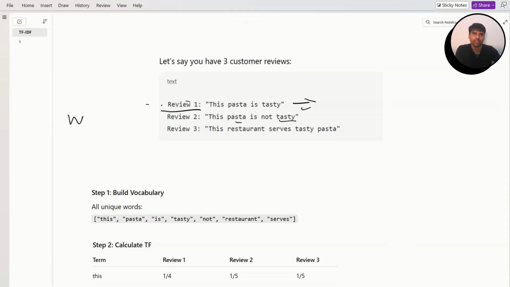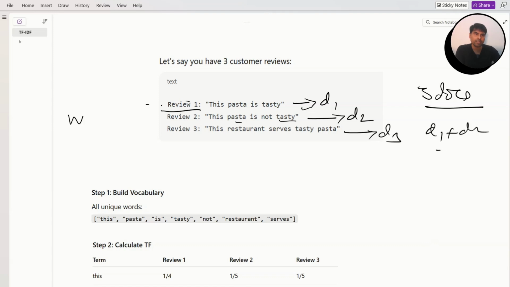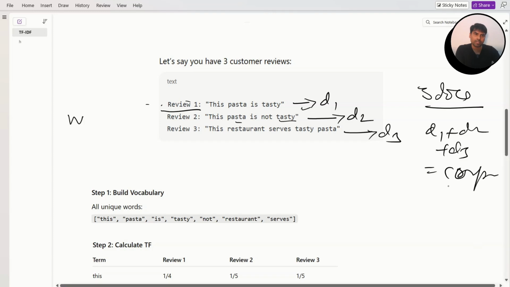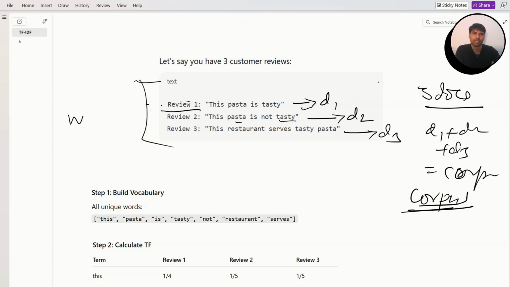This is my document 1, this is my document 2, and this is my document 3. And what is my corpus? This whole thing, D1 plus D2 plus D3, I'm calling the corpus.